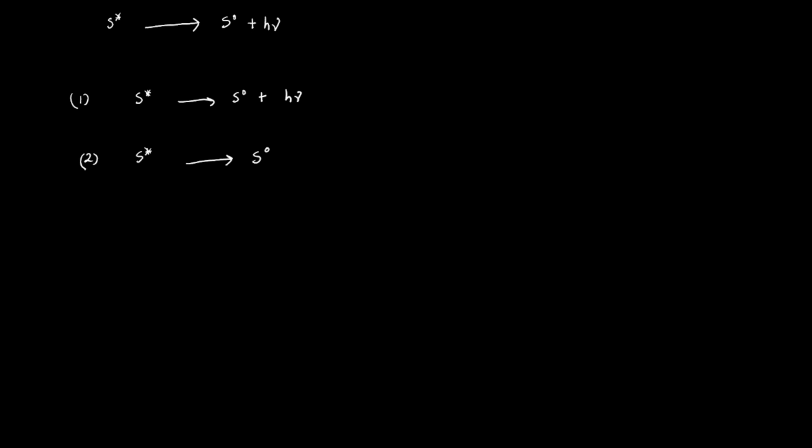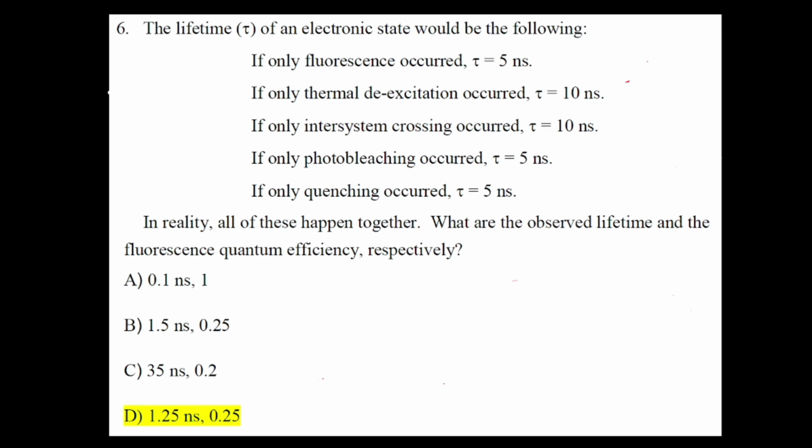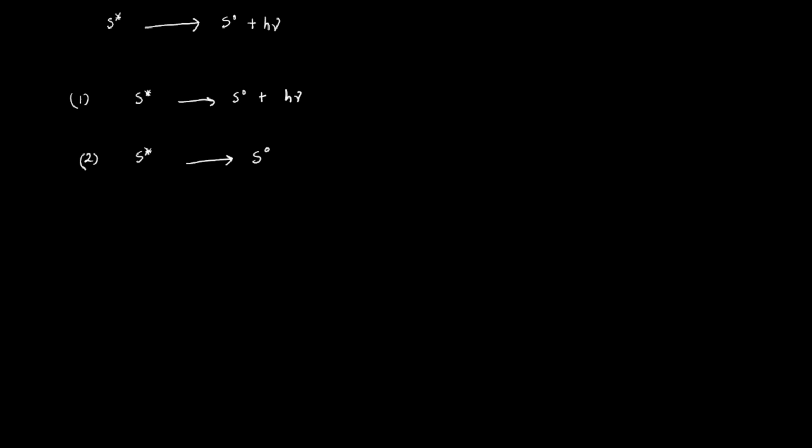Basically it's a process of de-excitation. The third step is if only intersystem crossing occurred. Intersystem crossing is when S star goes to T star. Singlet goes to triplet. This is intersystem crossing, ISC.